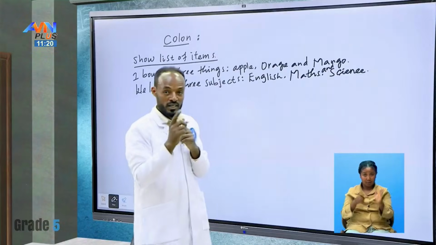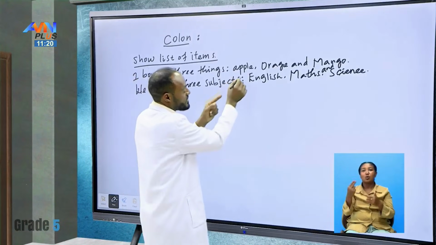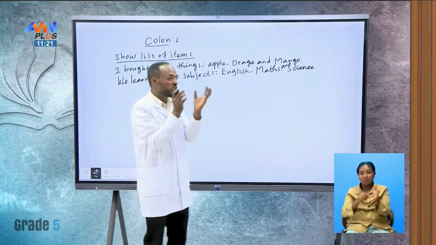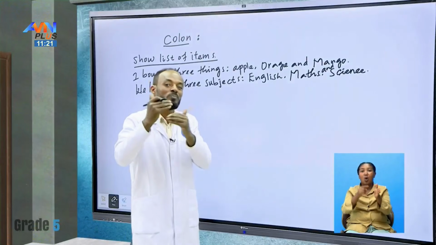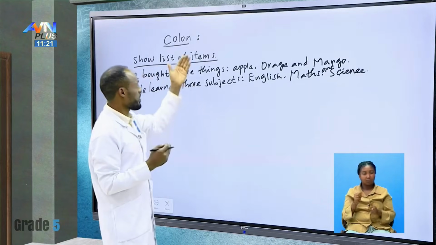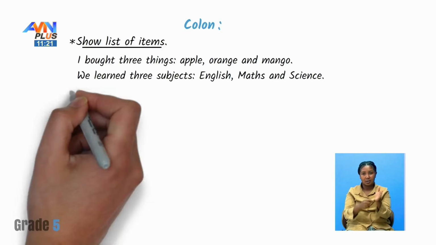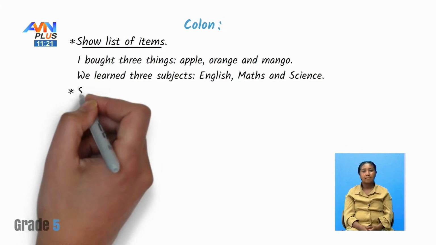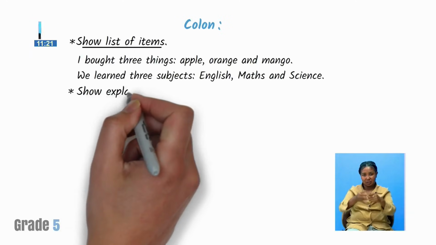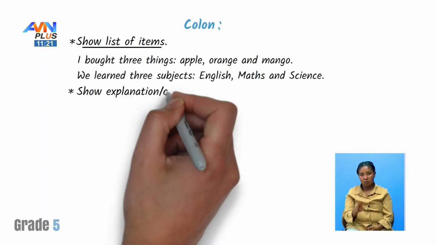Is it clear? Nice, I hope it's clear. Good. So we use colon, meaning 2 points, to show the items which will be listed. Is it clear? Bravo. And another function of this point is to show an explanation, something which needs explanation, or an example.